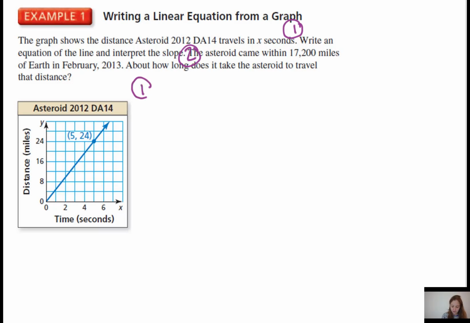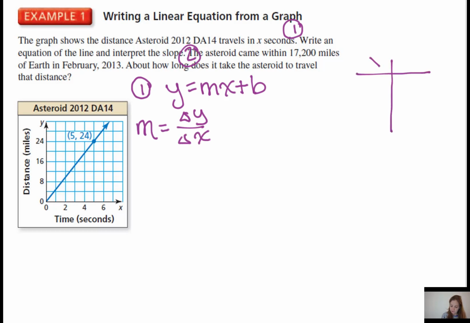For the equation of the line, I prefer slope-intercept form. Let's find the slope first. The slope is the change in y over the change in x. If I made a little table of x, y values of this graph, we can see that we have 0, 0, and 5, 24.